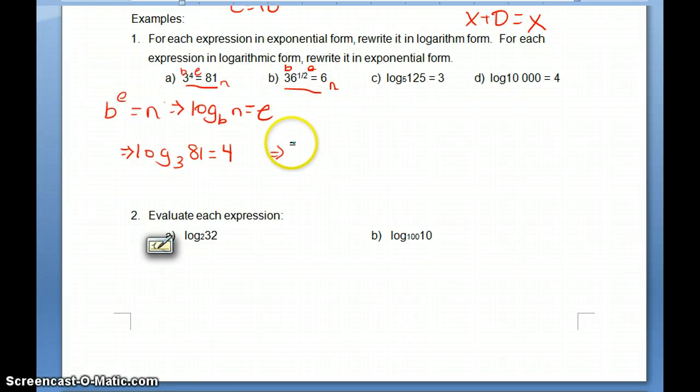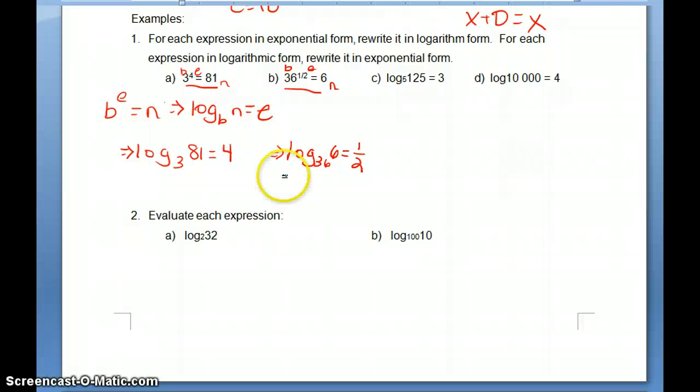So here we have log to the base 36, where the number is 6, and that is equal to the exponent of 1/2. Okay? So maybe it's not so bad with Ben the log bunny. Just keep that in mind, and hopefully converting between different forms should not be so bad.